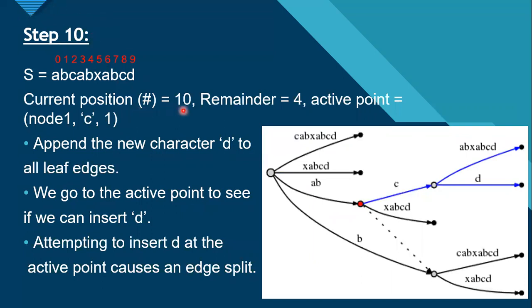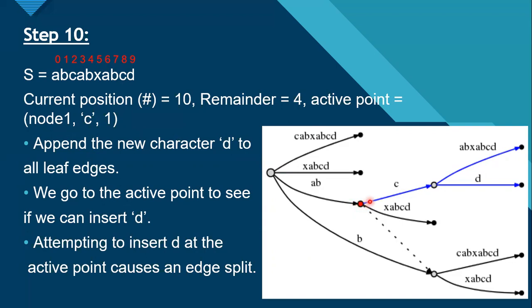Our current position is 10. The remainder again gets incremented by 1, so it becomes 4. Our active point is node 1, C1. We are processing character D, so we start by appending the new character D to all of the leaf edges. And then we go to the active point to see if we can insert D or not. So the active point is node 1, which is this node.